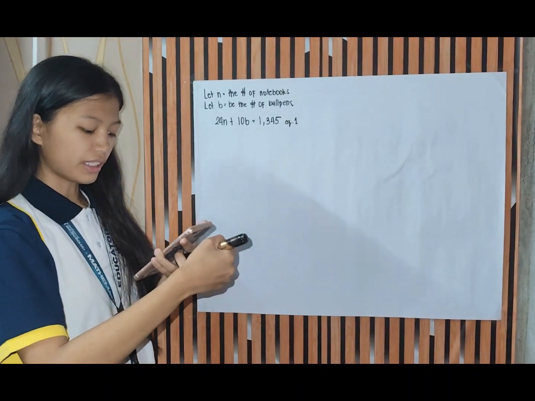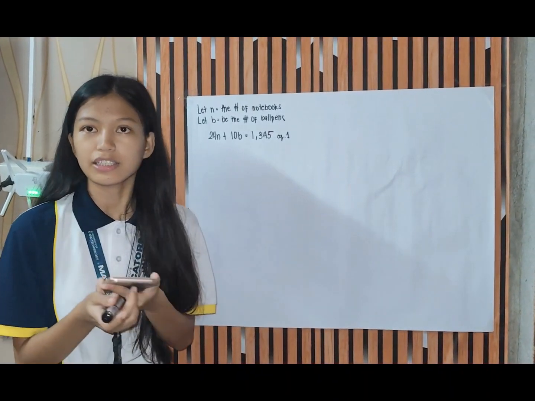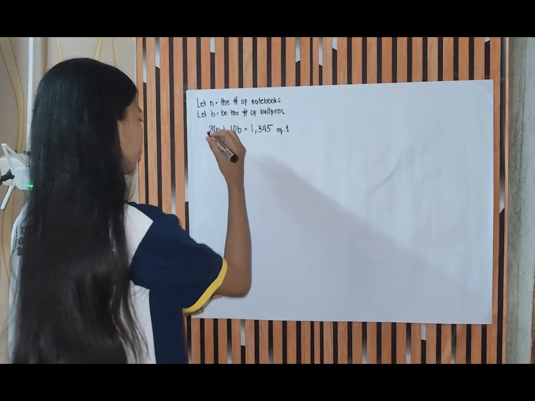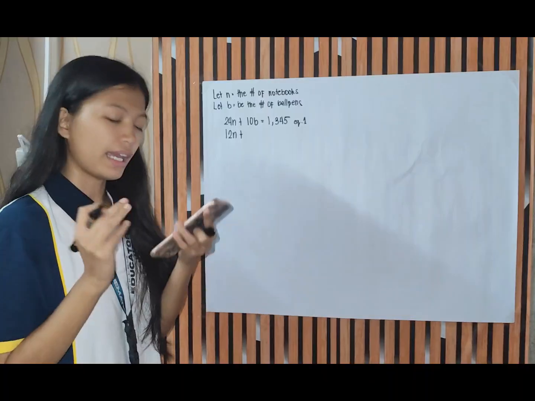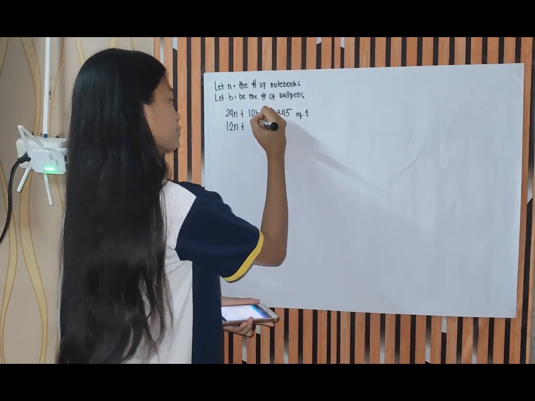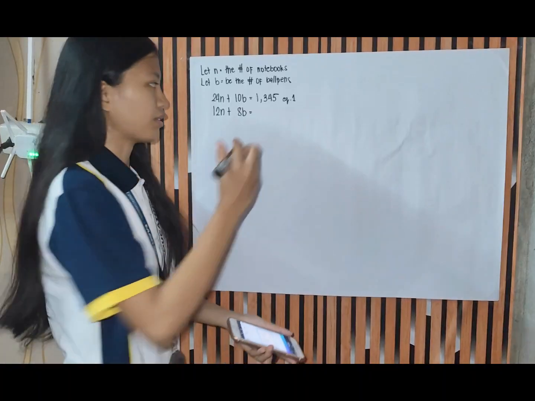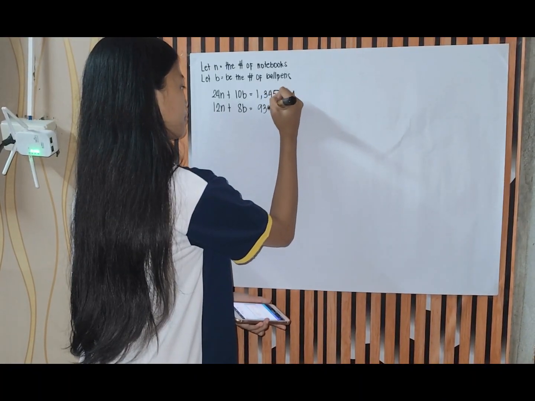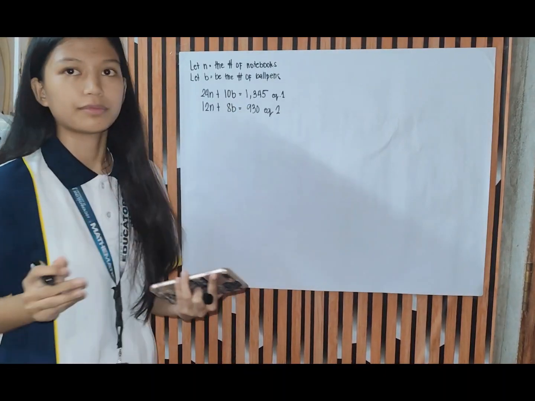The second one also states that Russ spent 930 pesos on 12 notebooks plus 8 ball pens, with a total of 930 pesos. So this is our equation number 2.